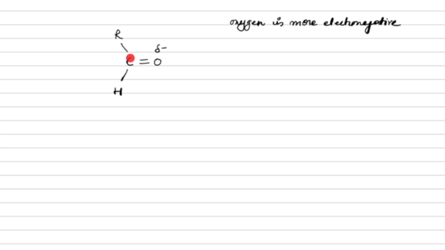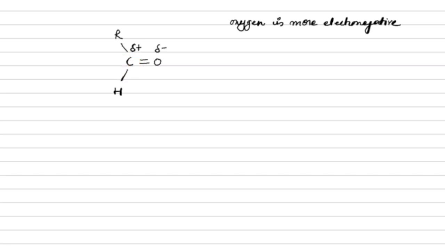And due to the partial deficiency here, it will get a partial positive charge on the carbon. Okay. Now think about it. What will happen in this? Okay. So this has become electron deficient, right?